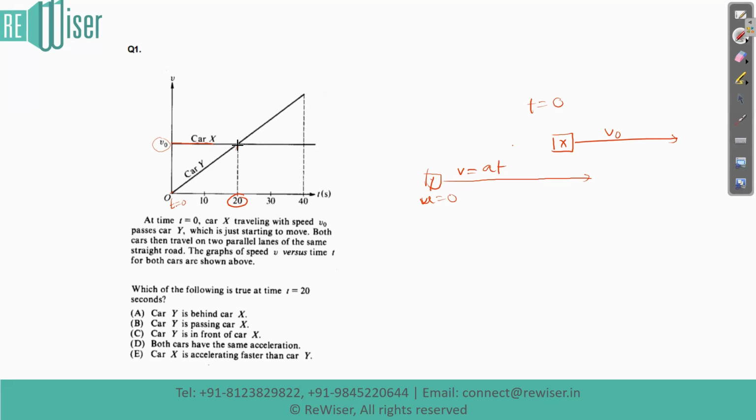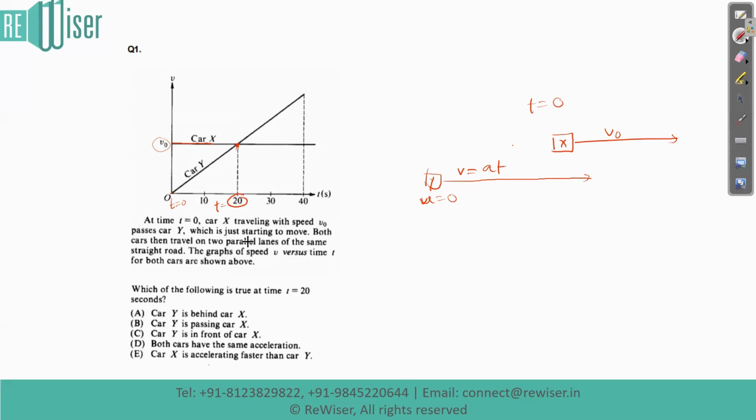So at t equal to 20, as you can see, car Y is intersecting car X at this point. That means at t equal to 20, it has just gained the velocity equal to V0, or car Y just matched the velocity of car X.